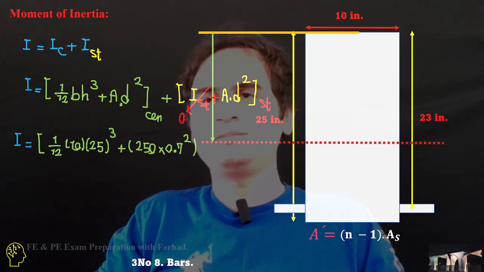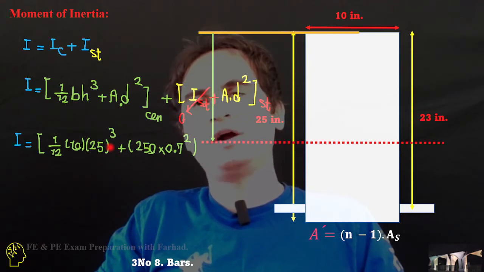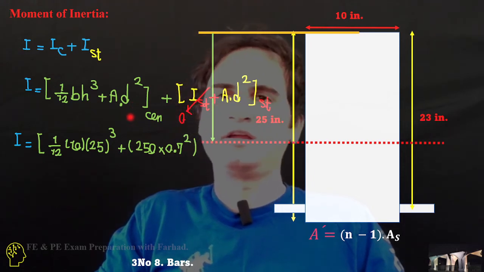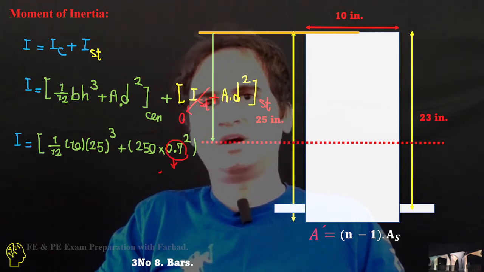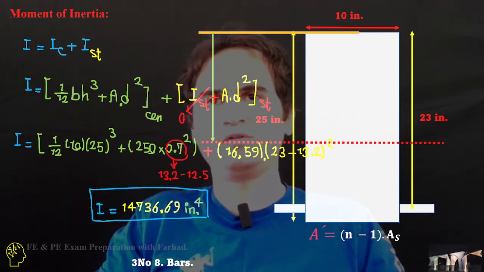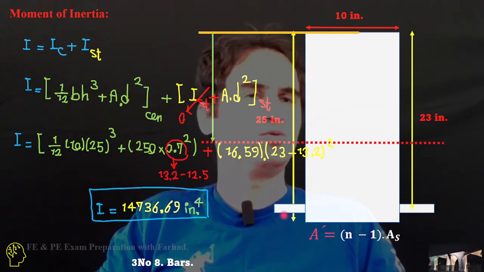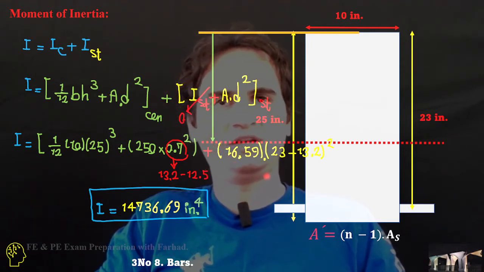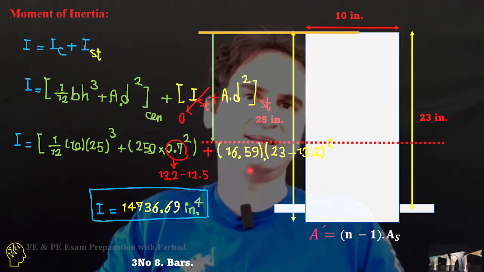So for the concrete part, if you replace that, it's 1/12 base times height cubed, where the height is 25 inches, so 25 to the power of 3, plus A d squared. We already calculated the distance d, which is 13.2 minus 12.5, times the area of the concrete block, which is 250, plus A d squared for the equivalent rebar area, which is 16.59 times (23 minus 13.2) squared.